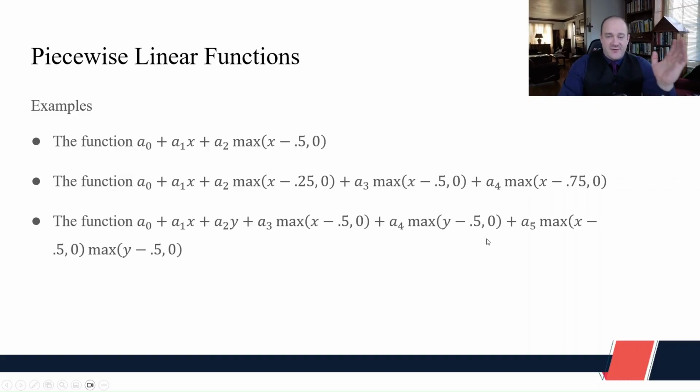So you can take the product of x and y, or you can take the product of the max of x minus something times the max of y minus something, but you can't have, say, x squared y, and you can't have this factor in the term raised to a power other than 1. So you're allowed to take products, but they have to be only first degree. And again, that's one of the things that lends to the interpretability of these models, is that you don't have these crazy powers.